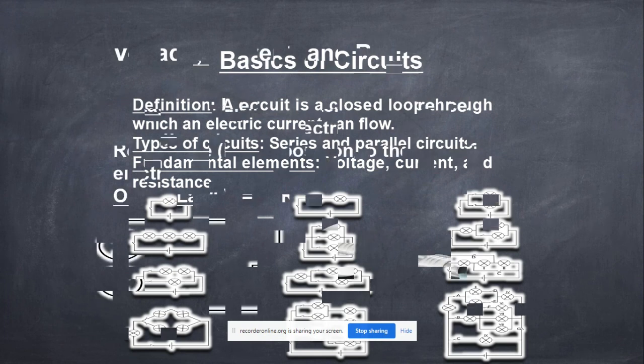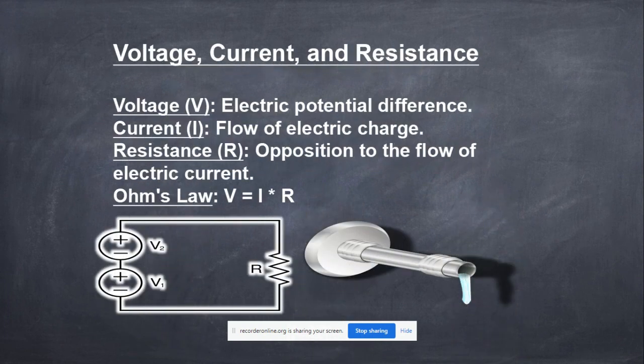The next one is voltage, current, and resistance. Voltage is simply electric potential difference. Another one is current, the flow of electric charge, and another one is resistance, the opposition to the flow of electric current, and another one is Ohm's law. Right?